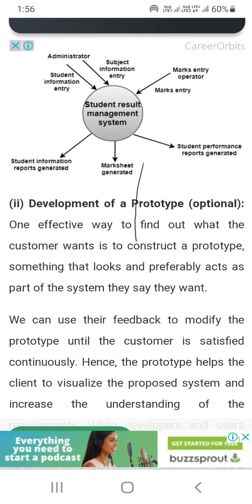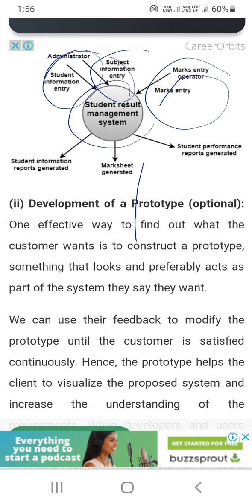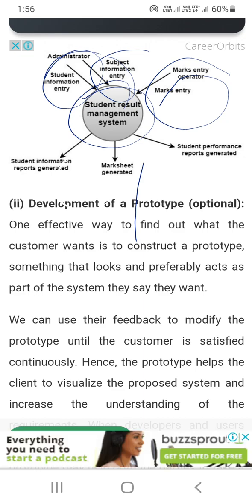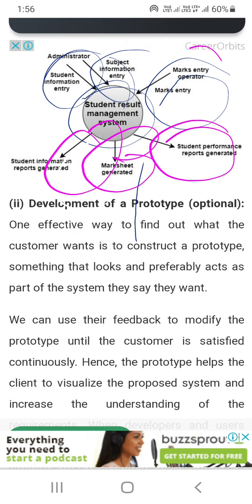Okay, so here you can see, administrator, subject information, mark entry operator, student result management system, and here you can see the mark sheet generator, student performance report generator, mark entry, and many other things.